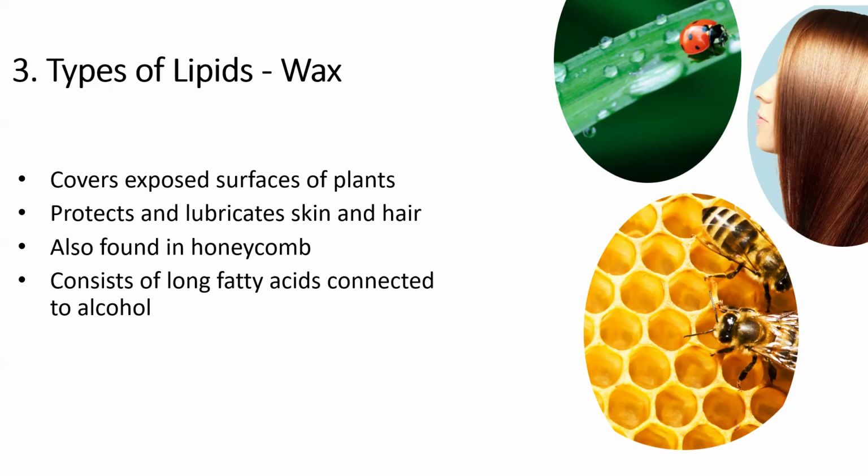Apples, your hair, your skin, they have a little bit of wax in them. Honeycomb is wax, right? People use beeswax to make cosmetics, like chapstick or something like that, supposed to be healthier because it's organic. And basically what it is, a long chain of fatty acids in a zigzag connected to some alcohol. Again, nothing mysterious. Alcohol just means it has OH.